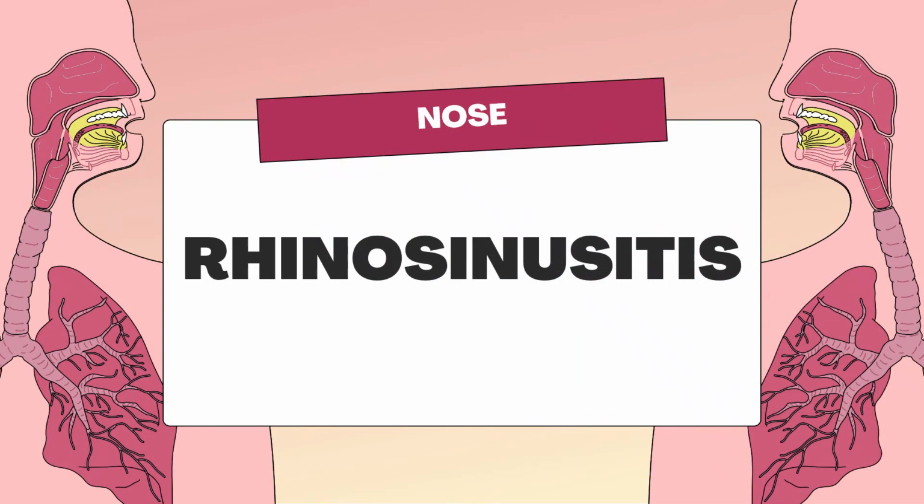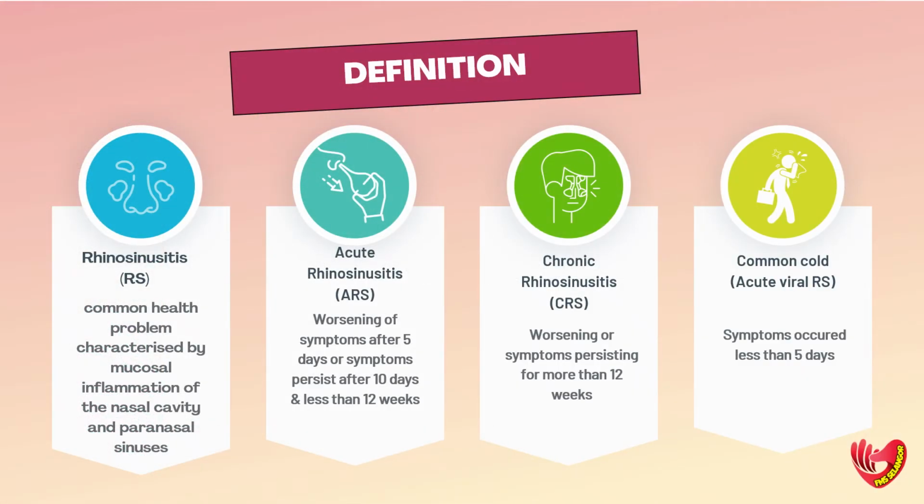Next, let's move on with rhinosinusitis. These are the definitions you should be able to differentiate in rhinosinusitis. Generally, rhinosinusitis is a common condition characterized by inflammation of the mucosa in both the nasal cavity and paranasal sinuses.